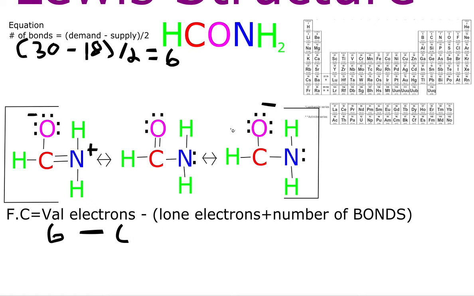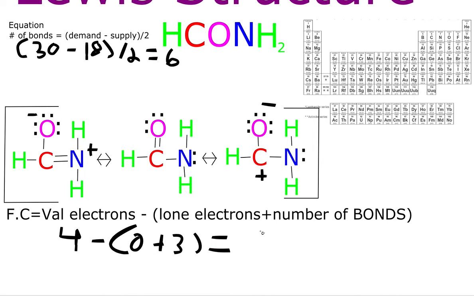Now, here's the reason why I say it's unconventional. This carbon has a sextet. It has 1, 2, 3 bonds, so this would have a positive charge. And we can do that by doing the formal charge formula, which is valence electrons, which is, carbon's in group 14, so it'll be 4, minus our lone electrons, which there's 0, plus number of bonds, it only has 3 single, so that equals a positive 1.